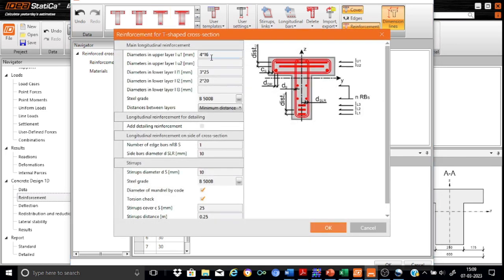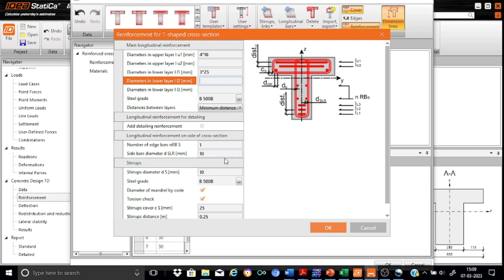So here let us start feeding it. This is section AA. In the upper layer I'll be using 4Ø16. It's the upper layer bar, and in the second layer I don't have any bar, and the lower layer obviously will have 3Ø25, right? For the lower layer, I don't have any bar in the second lower layer, and select the proper grade.